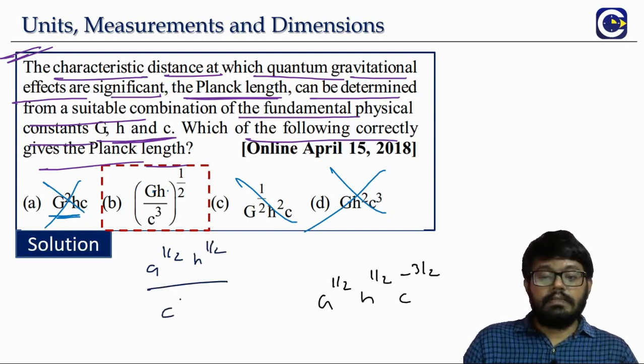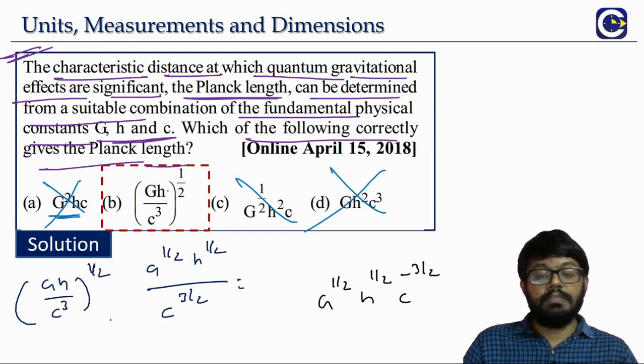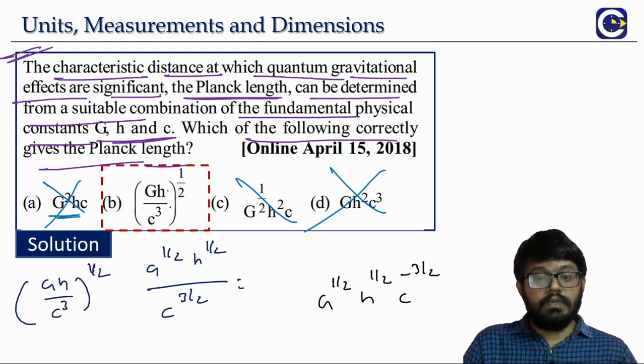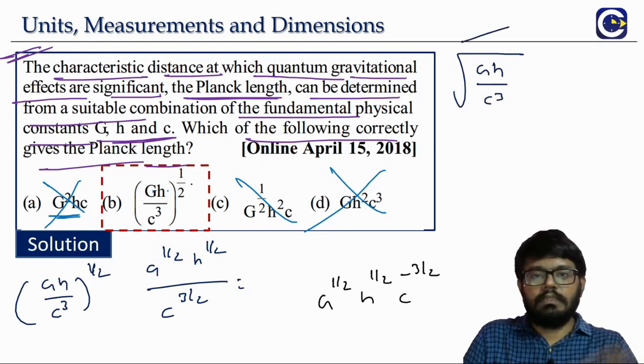We'll take it to the denominator, C power 3 by 2. Power half means root. So I can take GH by C cube whole power half. Either we can call it GH by C cube whole power half, or we can also write it as GH by C cube whole root 2. But they are giving the option with a power half. That's it.